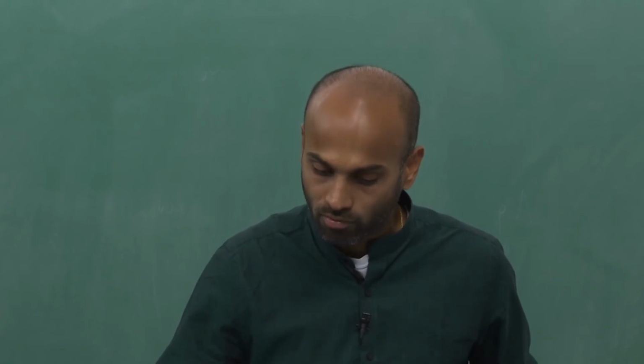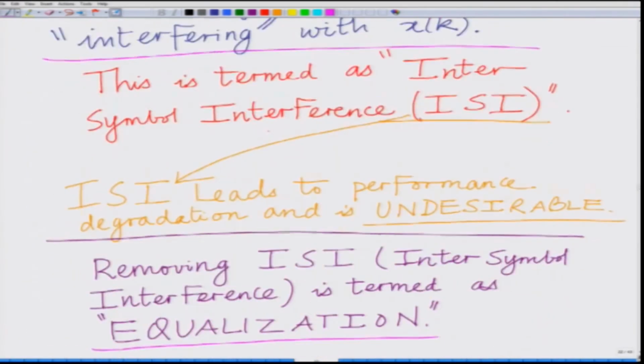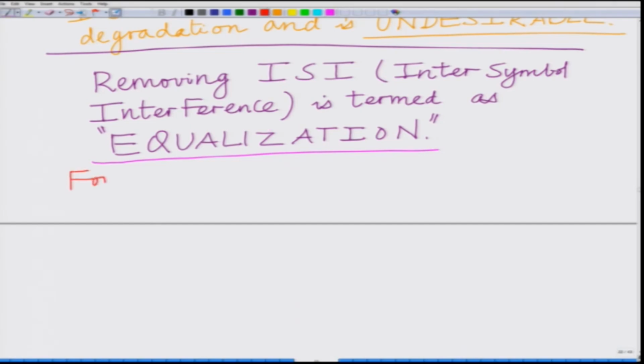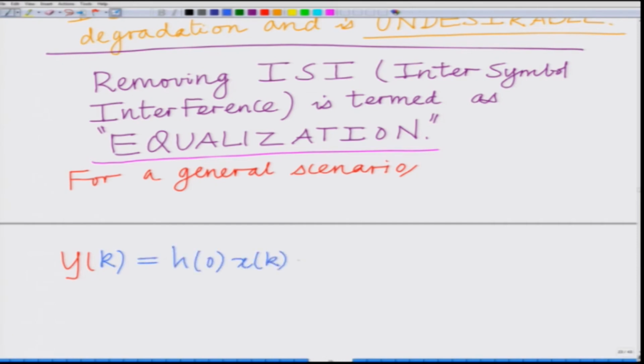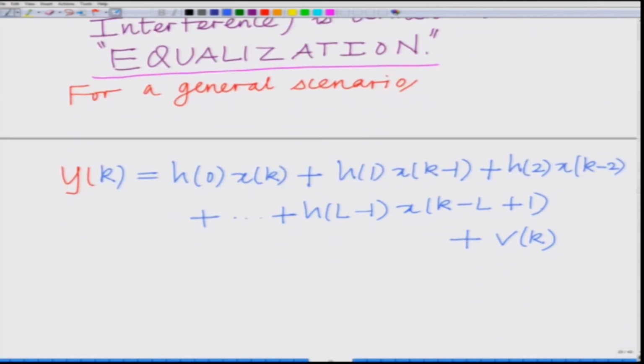So, in this system model, for a general scenario, I can have yk equals h0 xk plus h1 xk minus 1 plus h2 xk minus 2 plus so on, up to hl minus 1 xk minus l plus 1, plus vk, correct. Therefore, you have L channel taps.